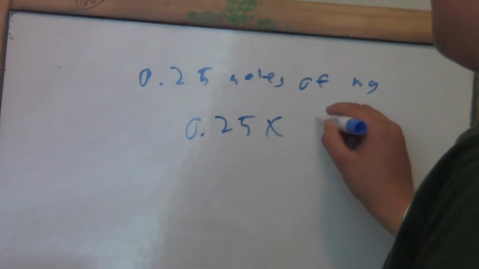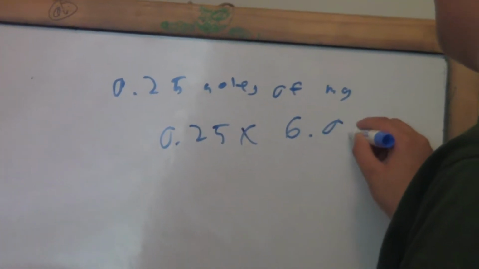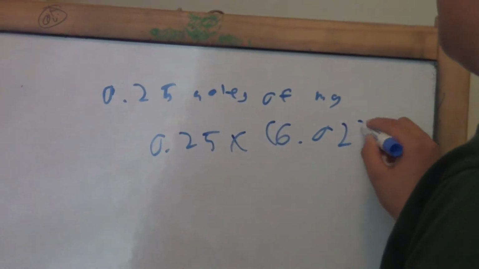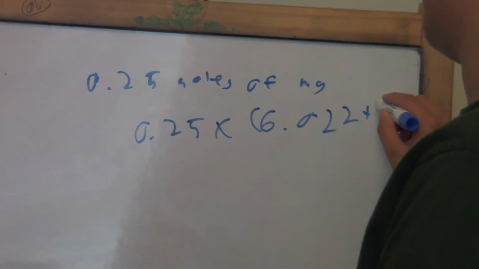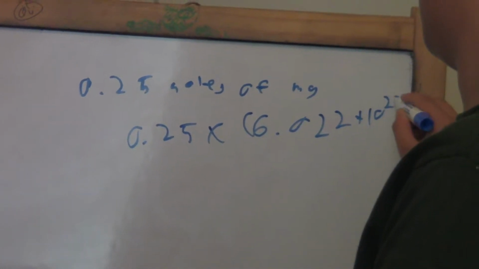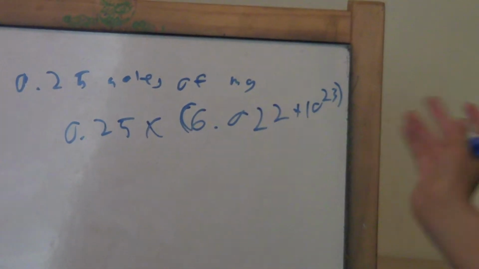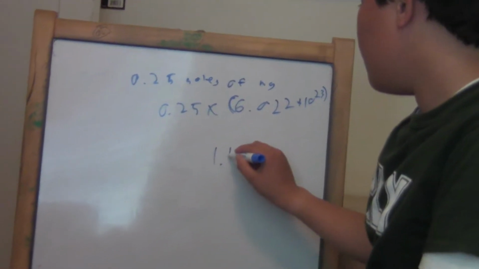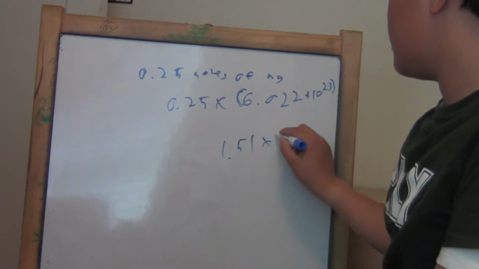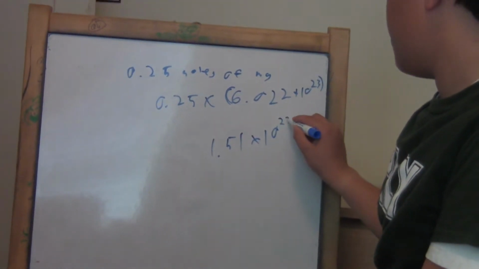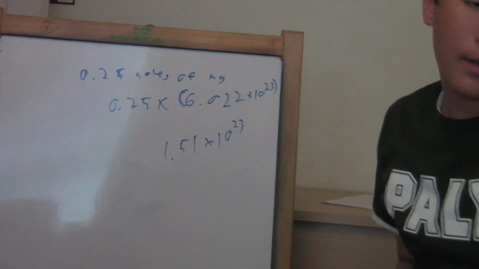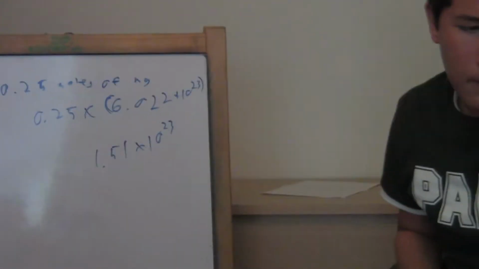Just multiply this by Avogadro's number, which is 6.022 times 10 to the power 23. And then in the end, we get 1.51 times 10 to the power of 23 atoms.